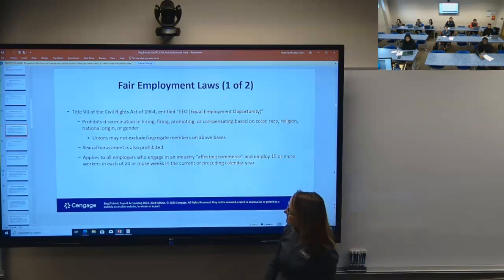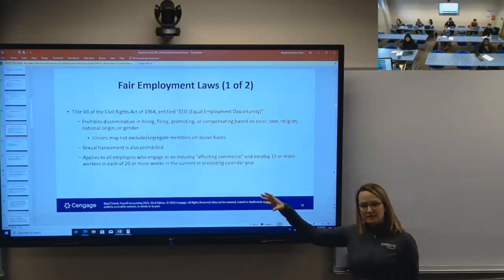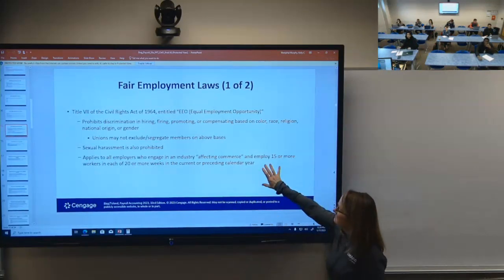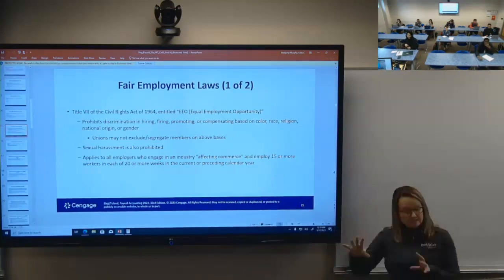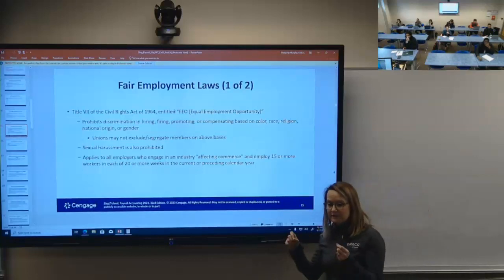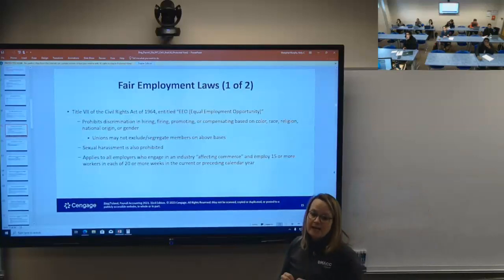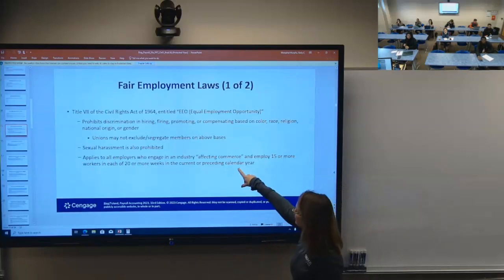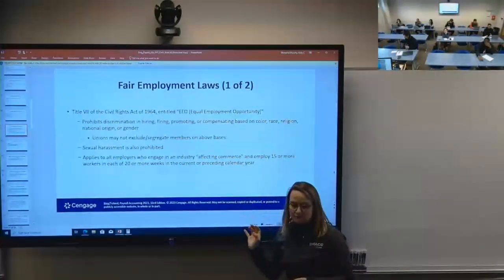It also prohibits sexual harassment. Now, I touched upon a little bit with the FLSA, and we're going to go into this more in the next chapter. The FLSA, as well as the Civil Rights Act, does not apply to every employee. It applies to those employees who are engaged in activities that are affecting commerce.